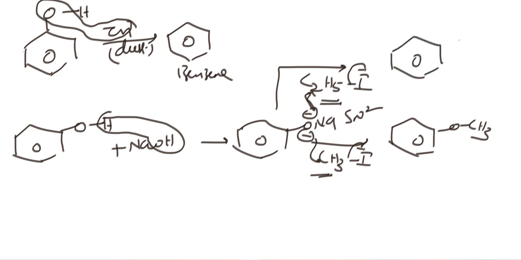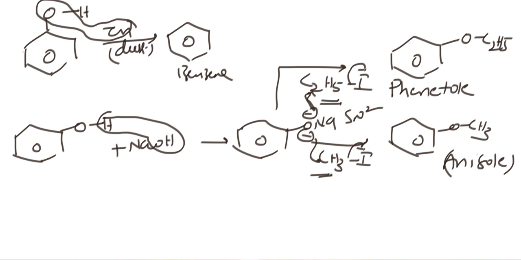Then after that, this is OC2H5. Okay, so one is forming what? Anisole. One is forming anisole and another one is forming phenetol, the most important common name. Phenetol. Please note this.